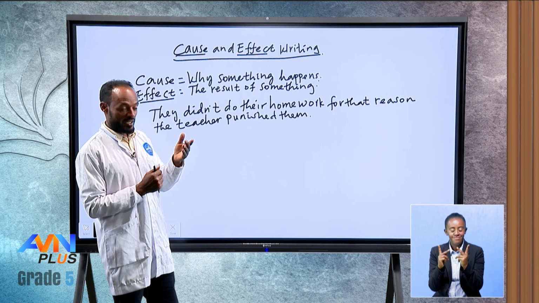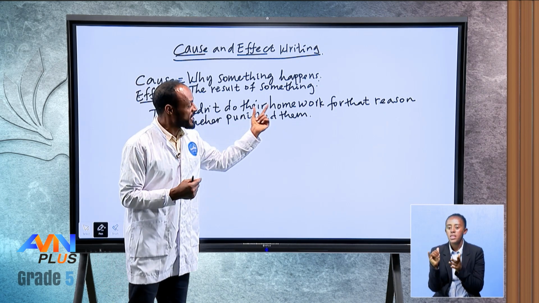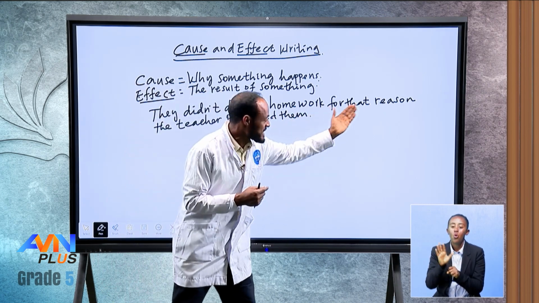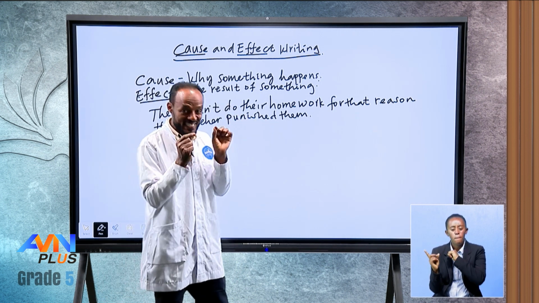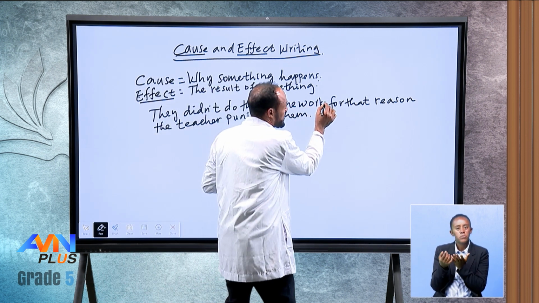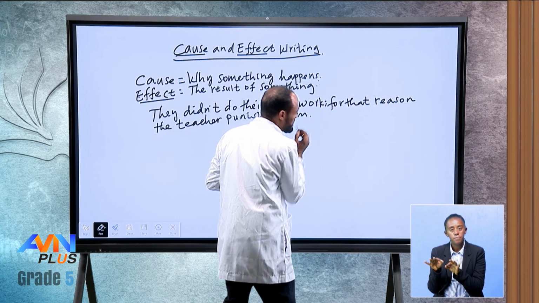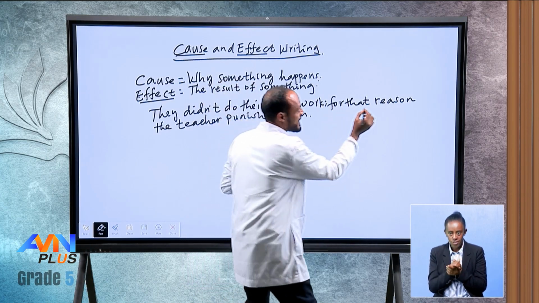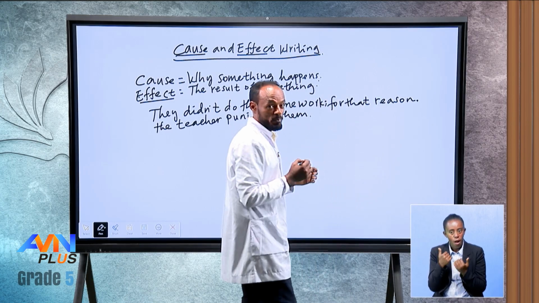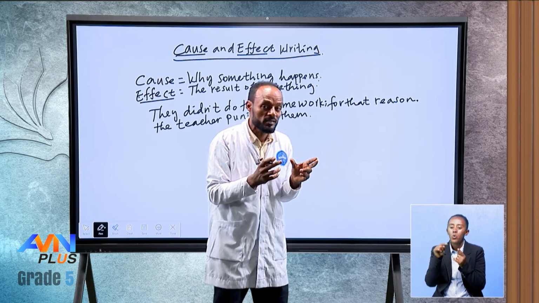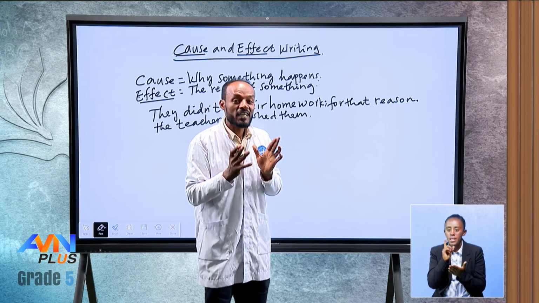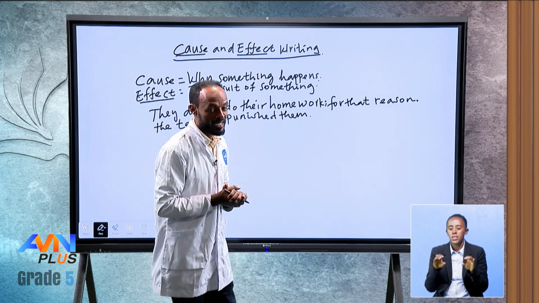Look at the example here. They didn't do their homework. For that reason, the teacher punished them. In this sentence, we have to put a semicolon here. Then a comma should be here, because these expressions are used to talk about result clauses. Is it clear? Come on.